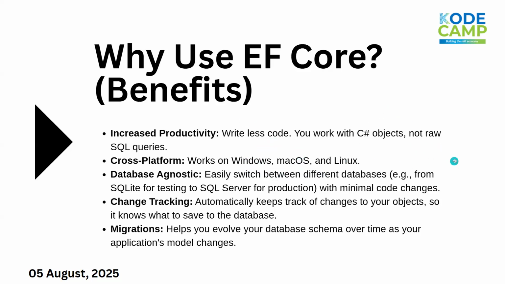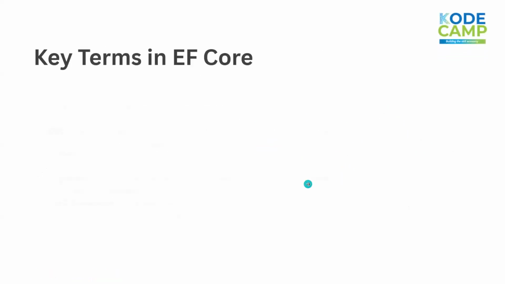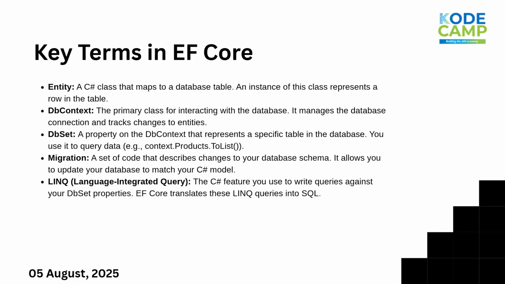Okay, so these are the benefits. Finally, let's look into some terms you need to get used to in EF Core. A popular term is entity. An entity is basically the class that you want to save to the database. Each entity class typically maps to one database table. So every class you create is actually a table, so take note of that.